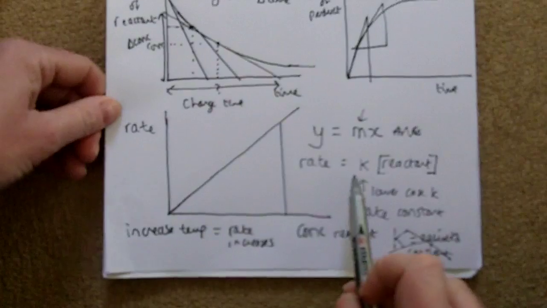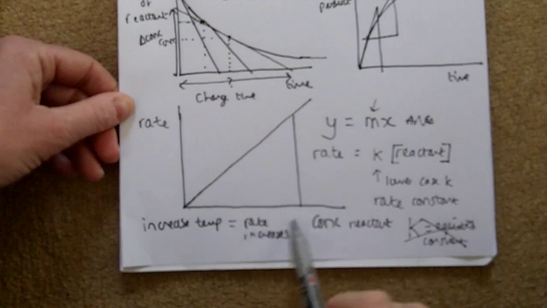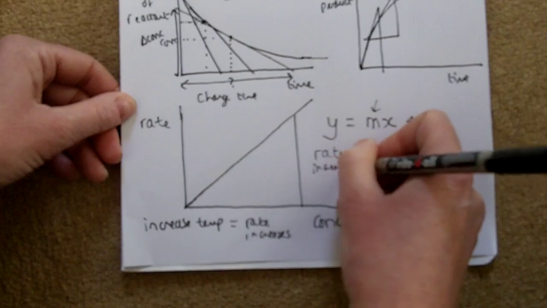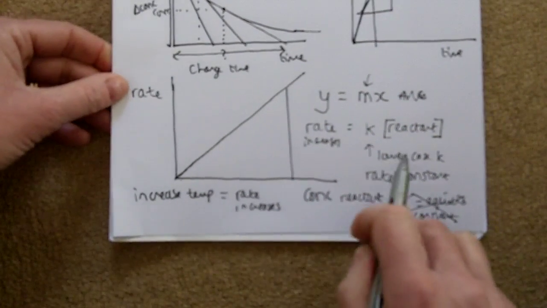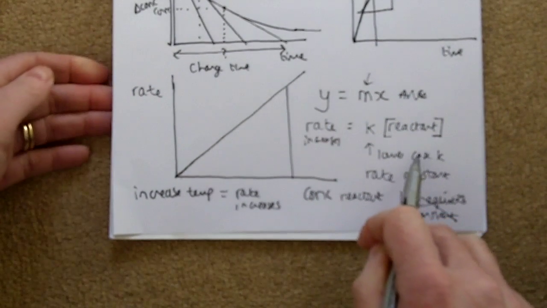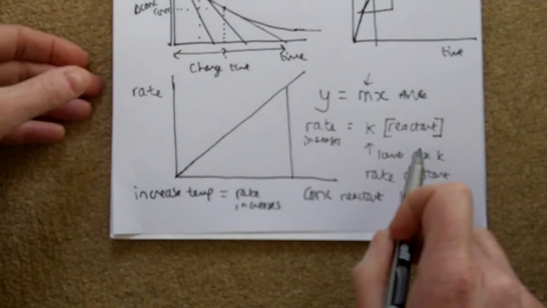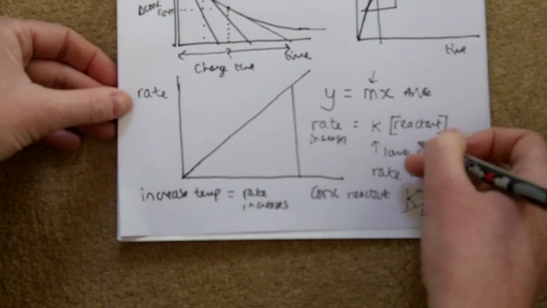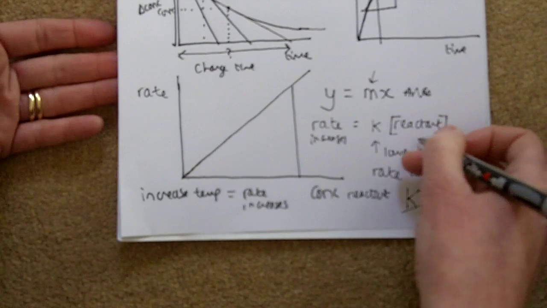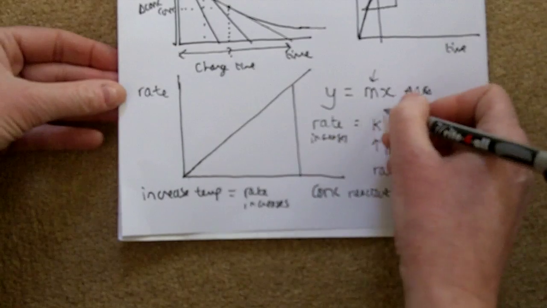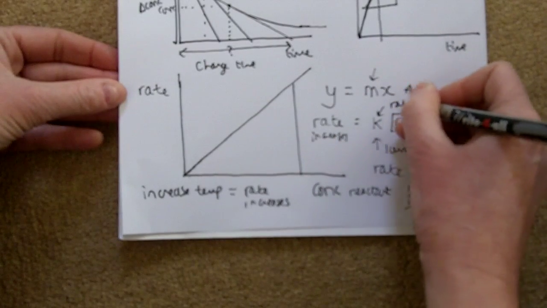So look at this equation here. If we increase the temperature, the rate increases. Does the concentration of the reactant increase if you increase the temperature? No, that's the concentration at the beginning. That doesn't change.